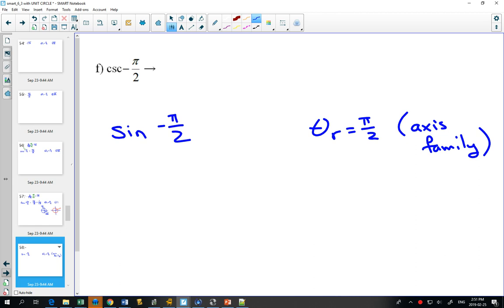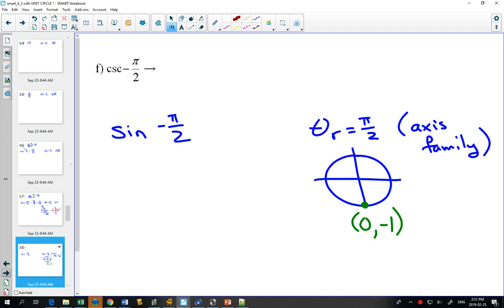And I think your axis family is the easiest if you just think about where is that point, because it's not really in quadrant 3, it's not really in quadrant 4, it's on the axis. It's between quadrant 3 and quadrant 4. What are our coordinates at this point? Well, x value is 0, the y value goes down 1, it's 0, negative 1.